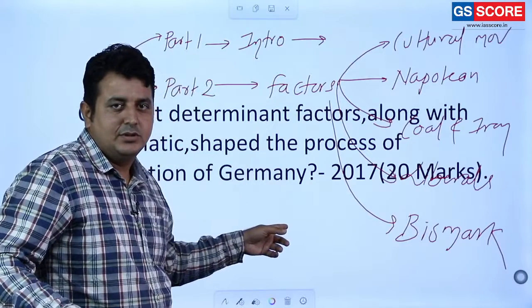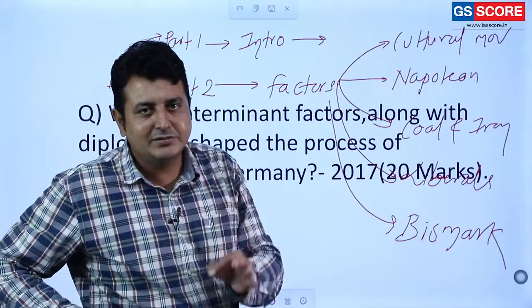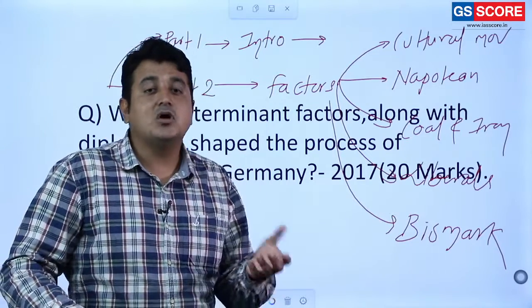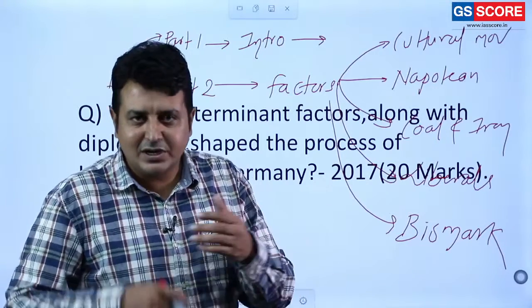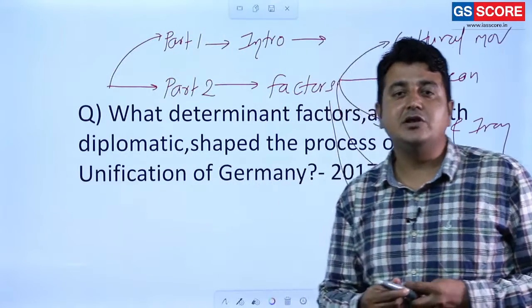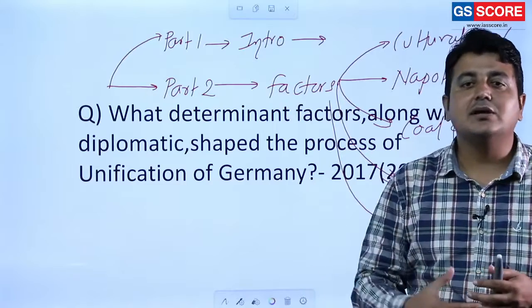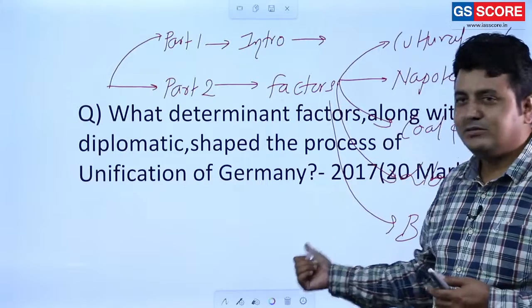In the optional paper, your answer should be properly concluded. Sometimes it is the conclusion, or sometimes the way forward or elements of continuity. If it is a continuous process, then your last part should be elements of continuity or way forward. But if it is a complete thing, then you can conclude. Without a conclusion, your answer is incomplete.